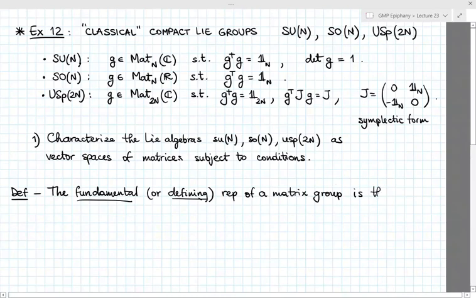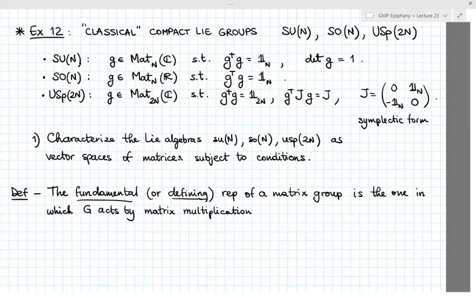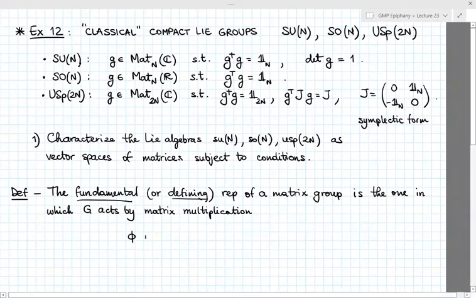This fundamental representation is the one in which the group G acts simply by matrix multiplication. So for instance, for SU(N), G is an n by n matrix. It acts by matrix multiplication on a column vector of dimension n. So we have phi, now it's mapped into G times phi, where now this is matrix multiplication.